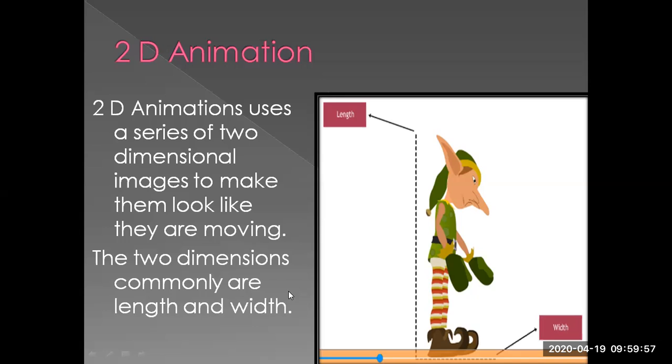The 2D images are nothing but images like we draw on paper. The same way we draw on the computer, we create a few lines, squares, and with the help of those we create some figures, and using those figures we can make them move. That is the technique of 2D animation.